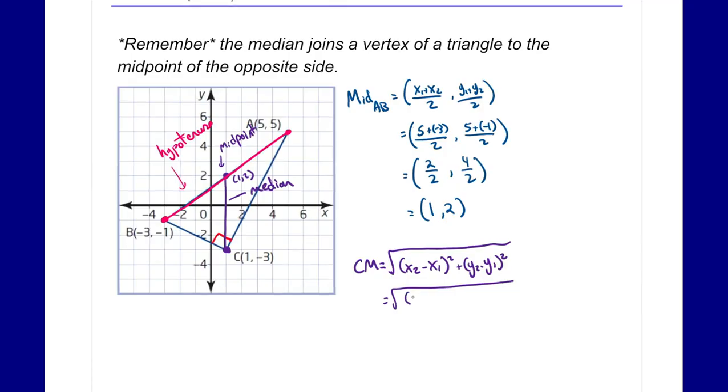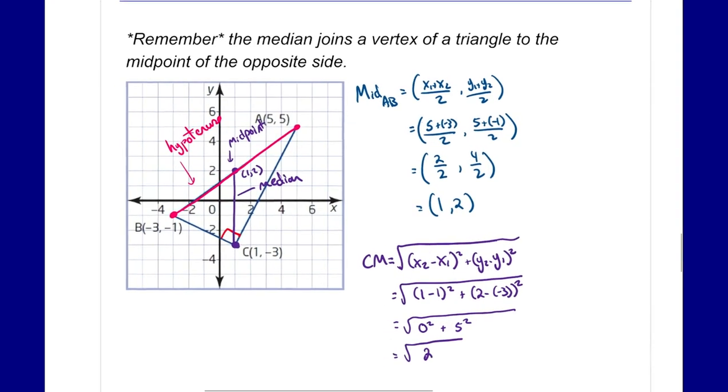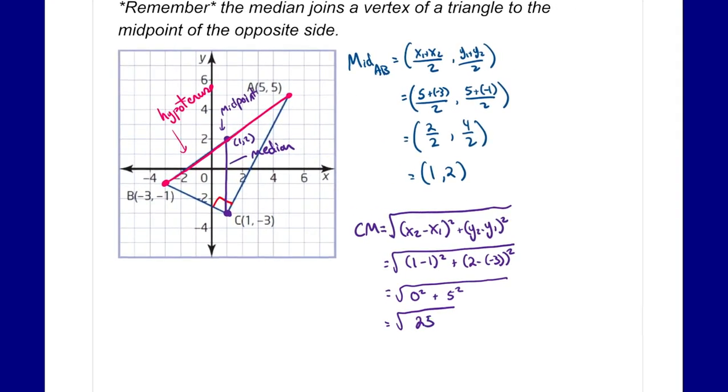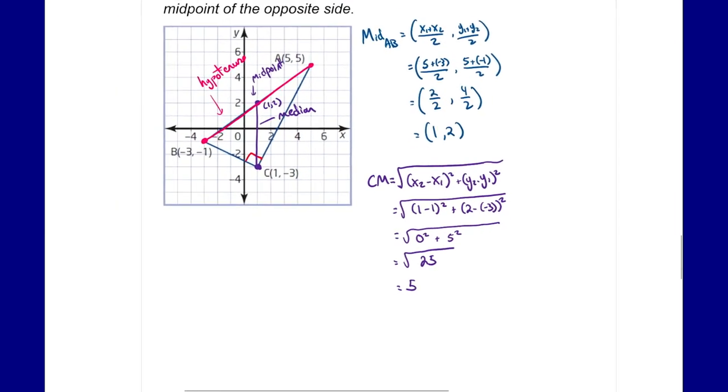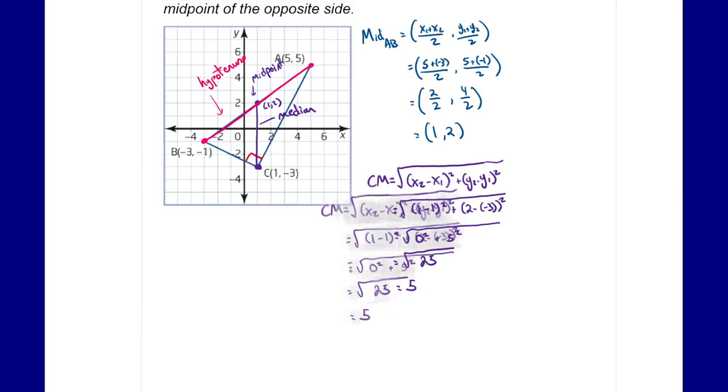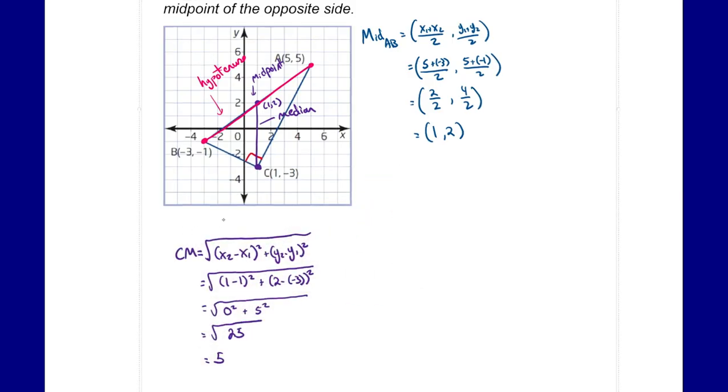So we have 1 minus 1 squared plus 2 minus negative 3 squared, all under the square root. 1 minus 1 is 0, 0 squared plus 5 squared. 0 squared is nothing, 5 squared is 25. So the square root of 25 is 5. So that is the length of my median. Let's put it down here so we can compare them side by side. So this is our median, CM.